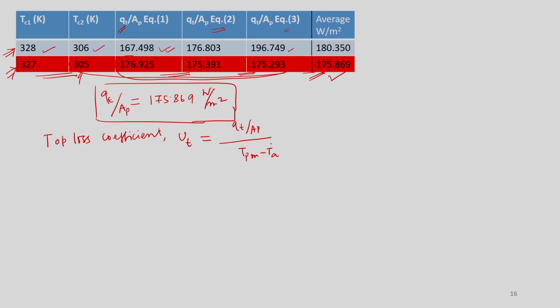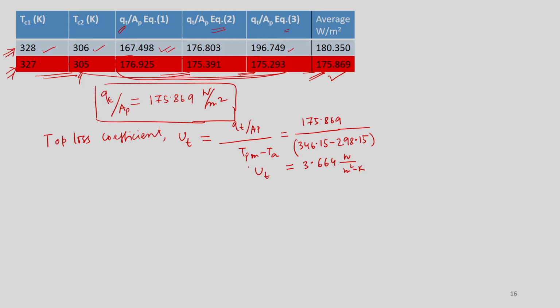So, this value is 175.869 over TPM. So, TPM was 346.15 minus 298.15. Okay. So, once you do this calculation, then what we will get is the value for UT, which is nothing but 3.664 watt per meter square Kelvin.